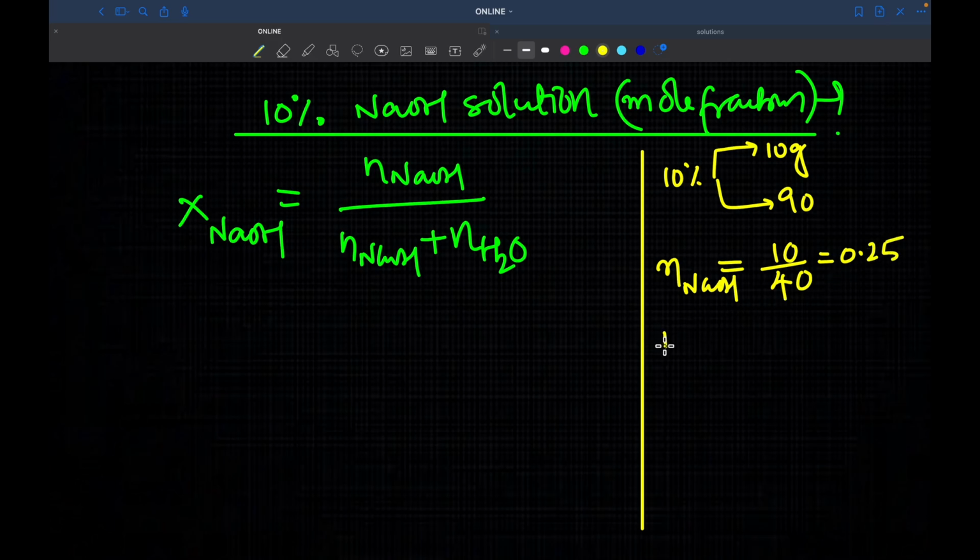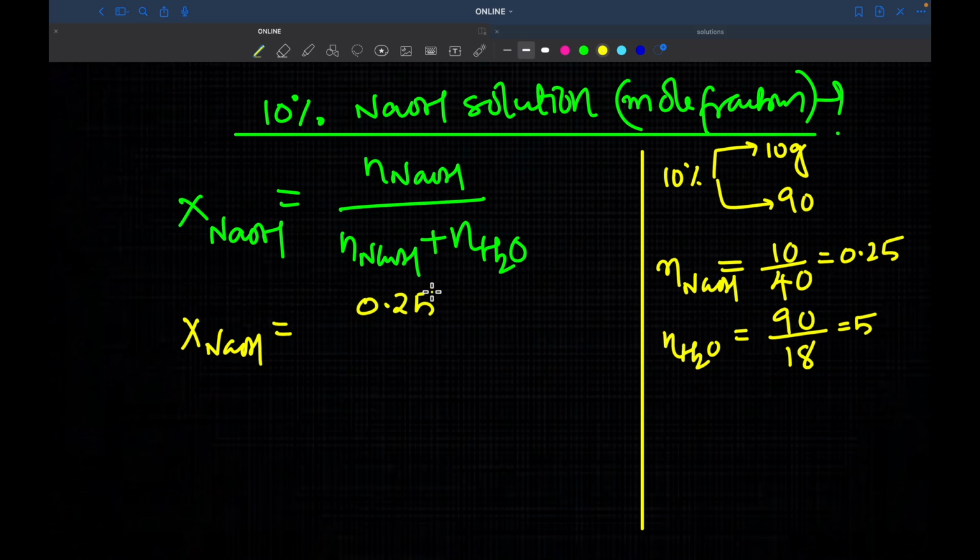And moles of H2O: it's 90 grams, because from 100 we subtracted 10, so 90 by 18, which gives 5 moles. Just plug in here. So mole fraction of NaOH equals 0.25 divided by 0.25 plus 5, which is 0.25 over 5.25.